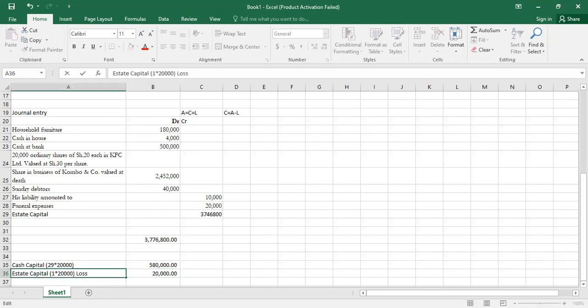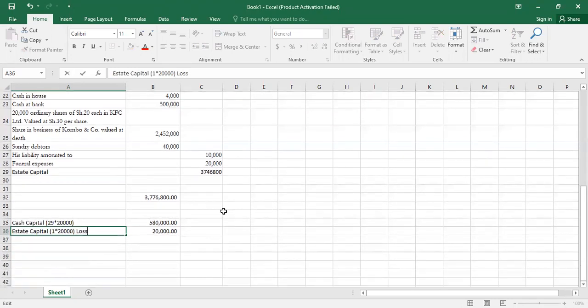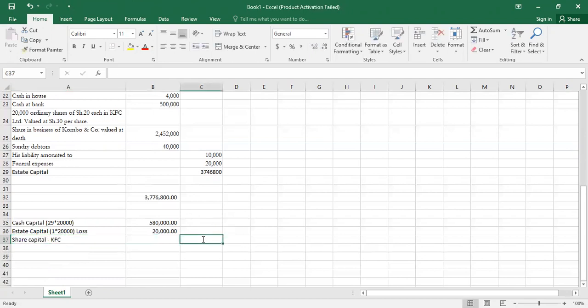You've seen how we've treated the gain on the realization of the freehold property. So which account will be credited? Our share capital account will be credited. You can just say share capital. It's good to indicate which shares, KFC. So 600,000.